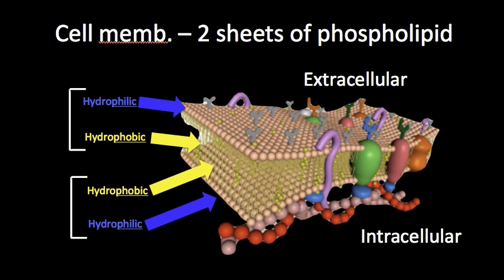And floating in this bilaminar phospholipid is a series of proteins. And these proteins poke from one side to the other or are purely on one side. And these proteins provide a number of roles in the cell membrane. For example, some of the proteins sticking on the external surface of your cells are like number plates.